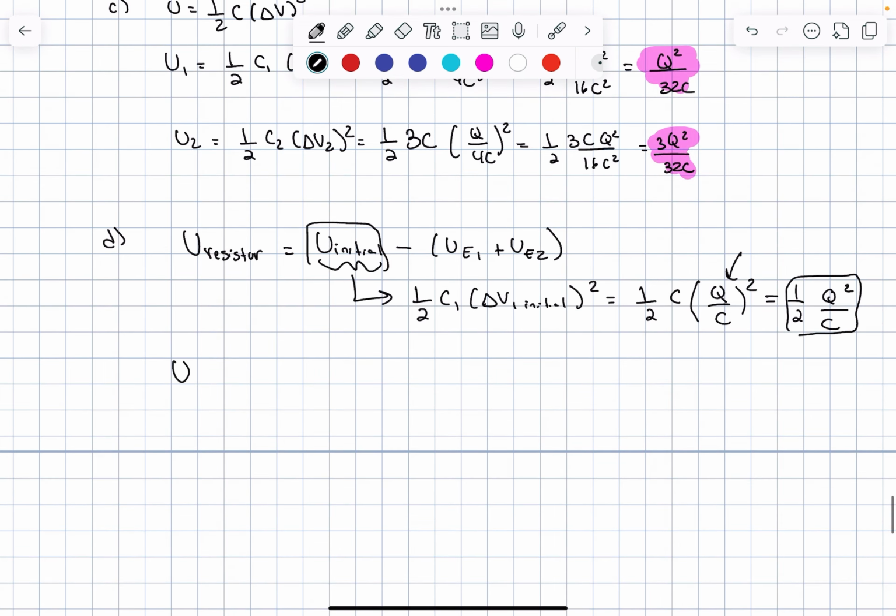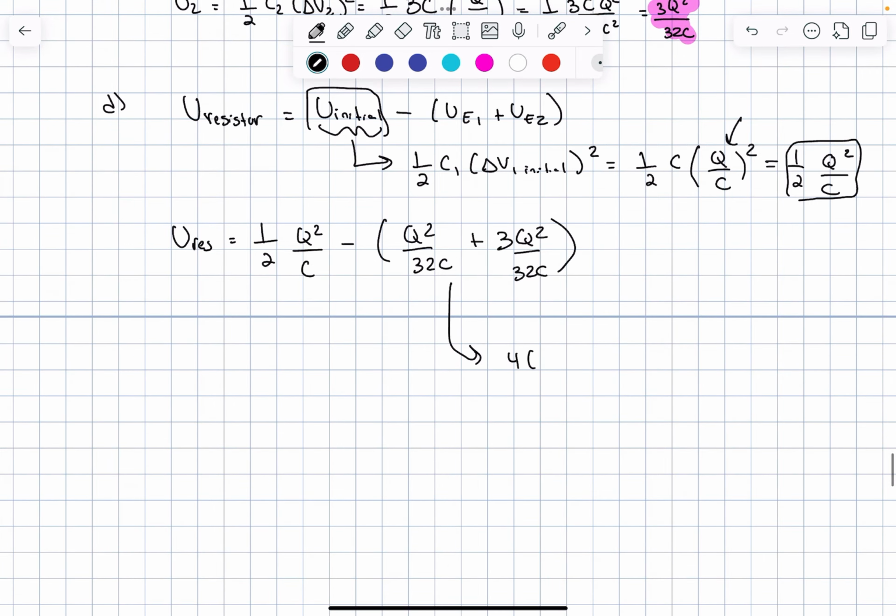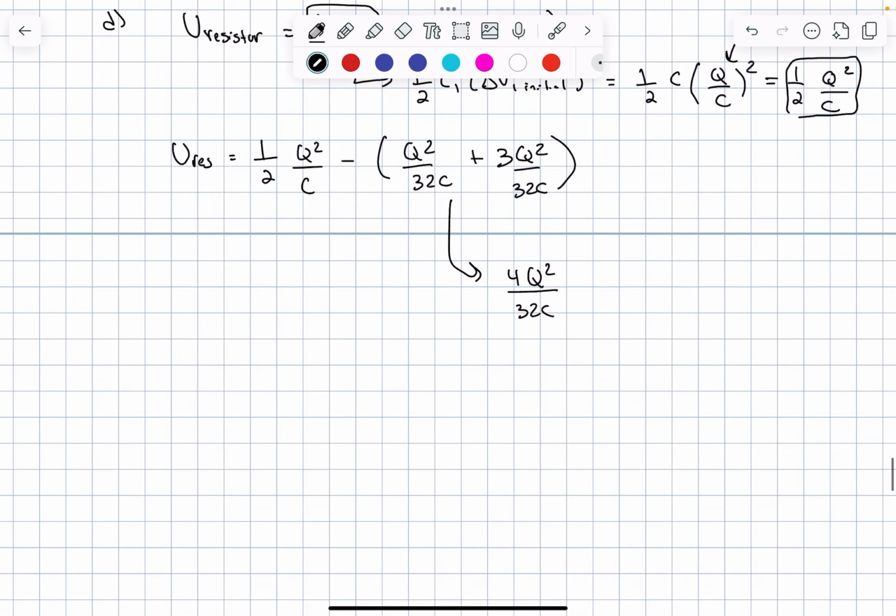So now U resistor is equal to that minus what we had at the end, which we just add up. We have Q squared divided by 32C plus 3Q squared divided by 32C. This is 4Q squared divided by 32C. Then we just have to subtract them. Here we can say, well, multiply this by 16.